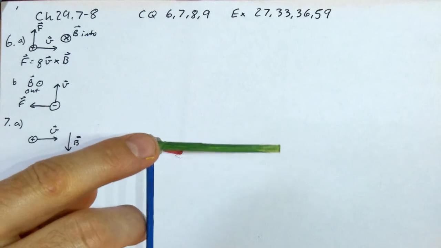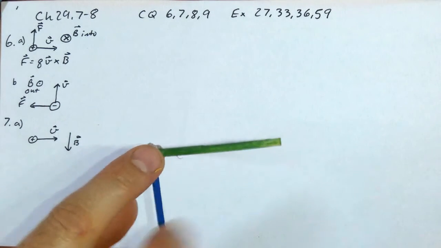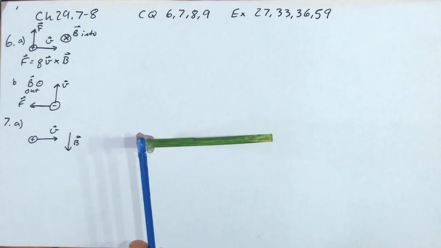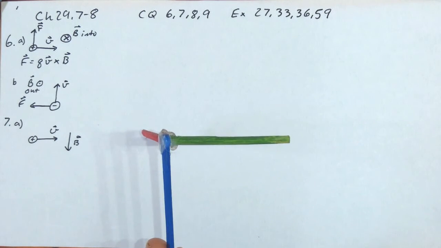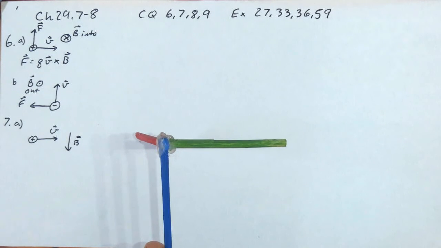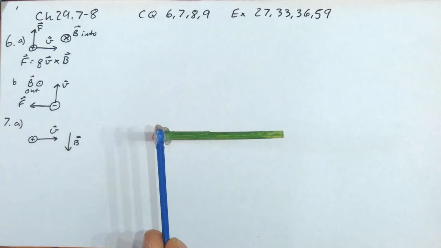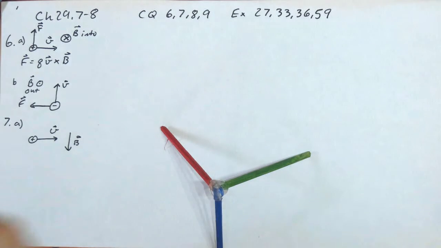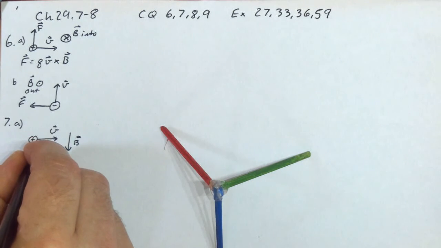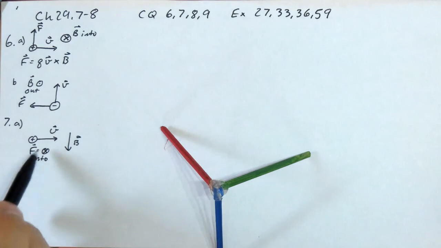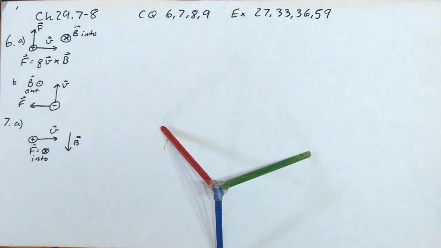Green is pointing to the right, blue is pointing down the page, which means my force must be into the page. So the force is into, the X with the circle around it.